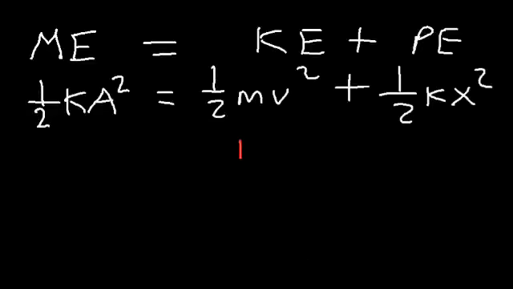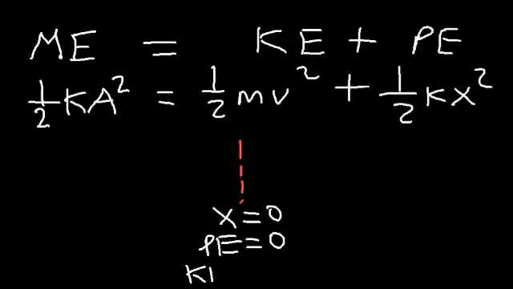Let's say this is the equilibrium position where x is 0. At that point, the potential energy will be equal to 0. So KE is at its maximum. KE equals the mechanical energy. The mechanical energy of the system is constant if there's no friction. The mechanical energy is the total energy of the system.